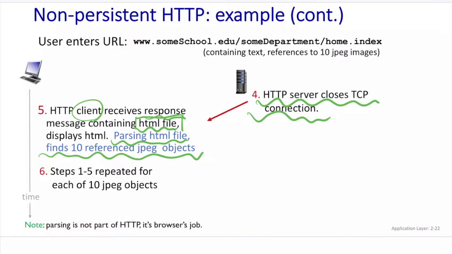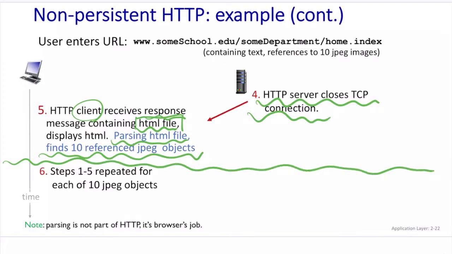But in non-persistent HTTP, HTTP 1.0, everything stops right here, because the TCP connection has been closed by the server as well as by the client after it received the very first HTML file.